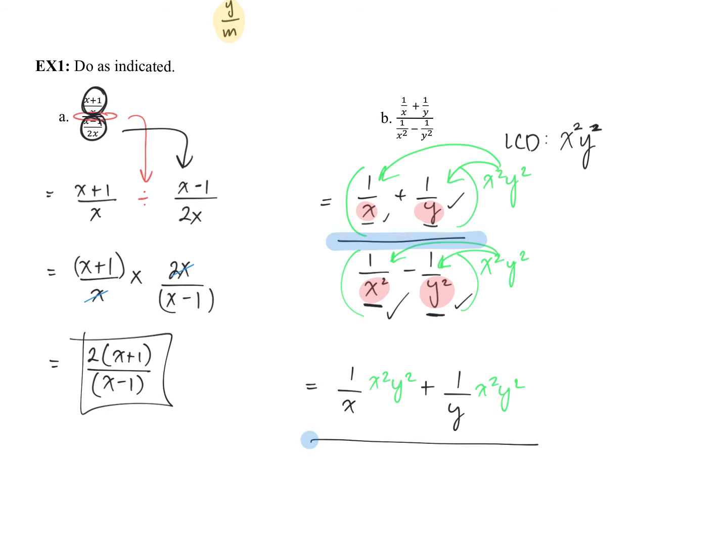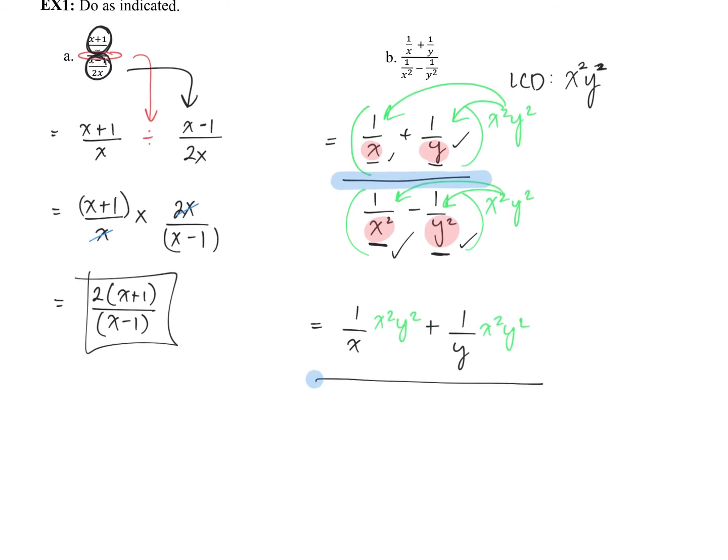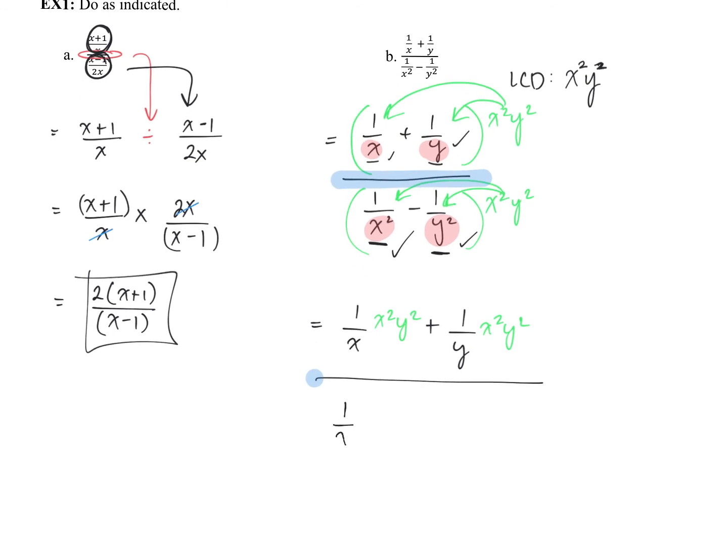That's this one right here. And in the bottom, once again, we also distribute it, so we have 1 over x squared y squared minus 1 over y squared x squared y squared. And what was the goal of this? The goal is to cancel the mini fractions.